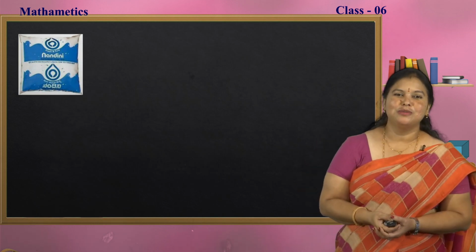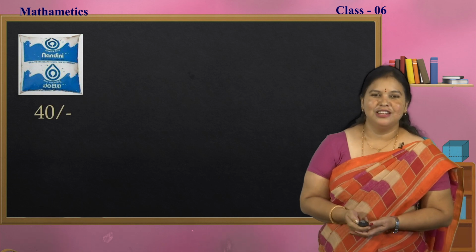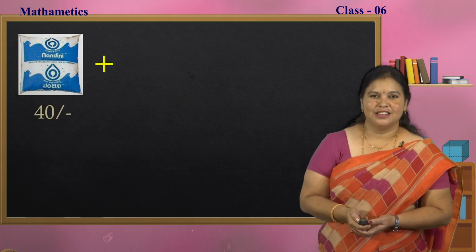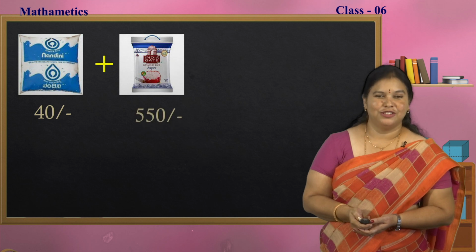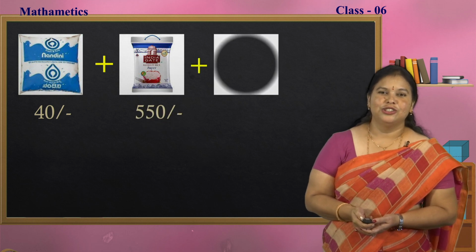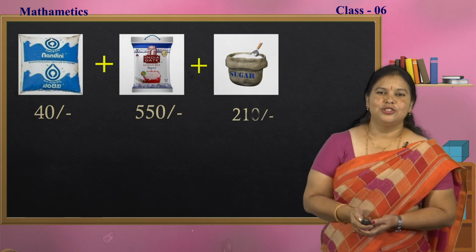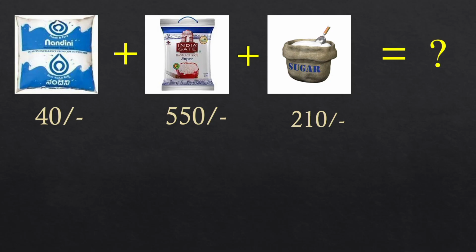Suppose your mom tells you to buy milk for 40 rupees, rice for 550 rupees and sugar for 210 rupees. How much do you have to pay the shopkeeper? What do you have to do here? Yes, you are all bright students. You will give 800. You have added all these, which you have learnt in your previous classes.